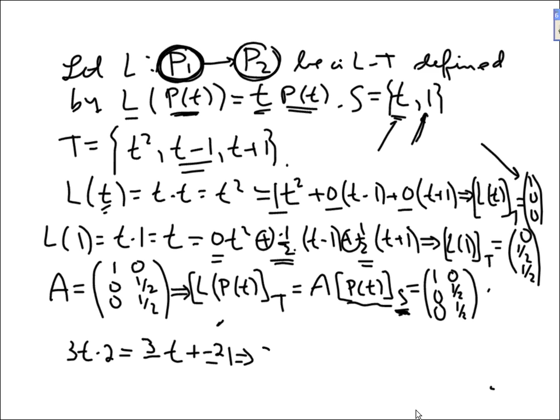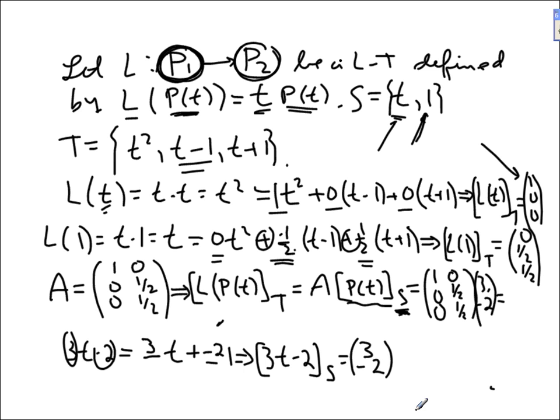That is, the coordinates of 3t minus 2 with respect to S is 3, negative 2, because S is the natural basis. Okay? 3, negative 2. And when you multiply these matrices, you get 3, negative 1, negative 1.